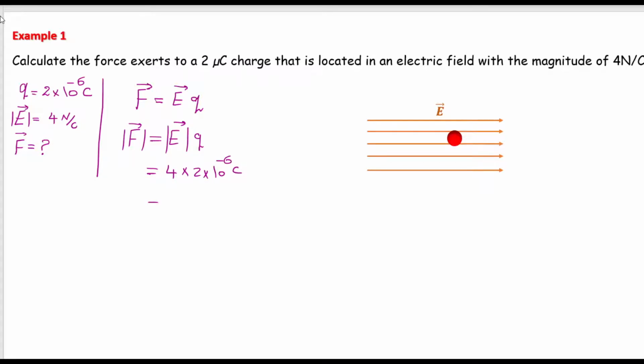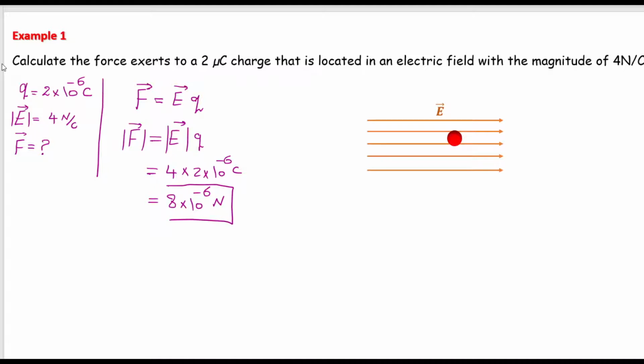That is 8 times 10 to the power negative 6 Newton. Okay, because the unit for 4 is Newton per coulomb. Coulomb and coulomb cancel out, so dimensionally that would be correct. This is the answer for this question.